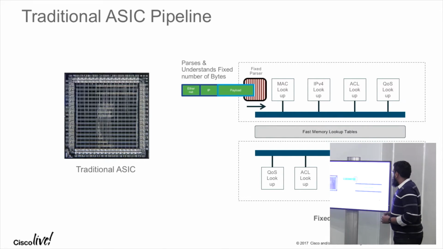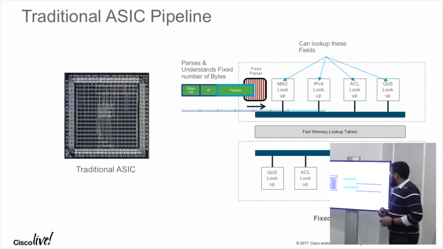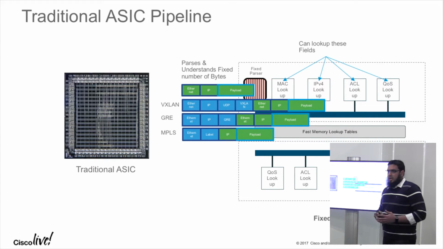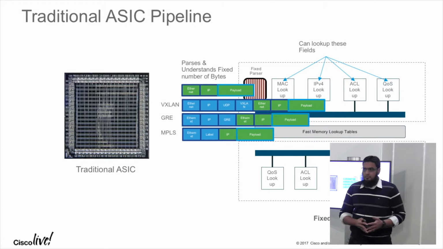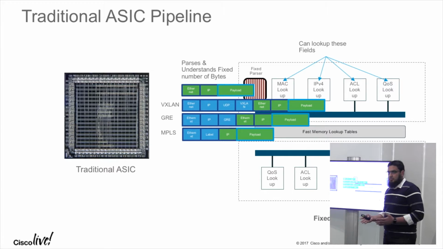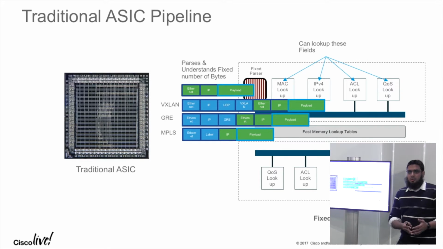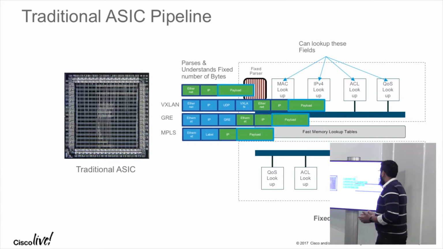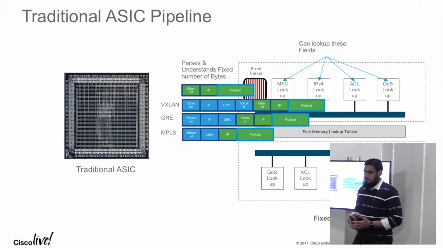So let's take an example. These are the different types of lookups that can be done, for example, on this ASIC. If VXLAN comes out as a new technology, right? Or if you want to implement an older technology like GRE or MPLS on a switching platform which was not supposed to do MPLS and GRE, now we are looking at basically a new ASIC, right?